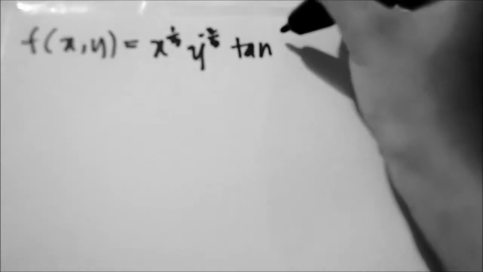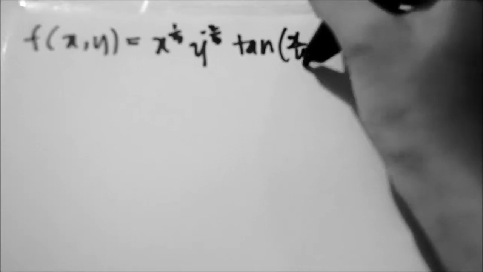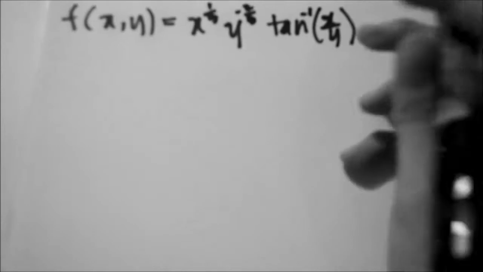The third problem is found on page 32, number 3. The problem states: determine if the function f(x,y) = x^(1/3) y^(-2/3) arctan(x/y) is a homogeneous function.